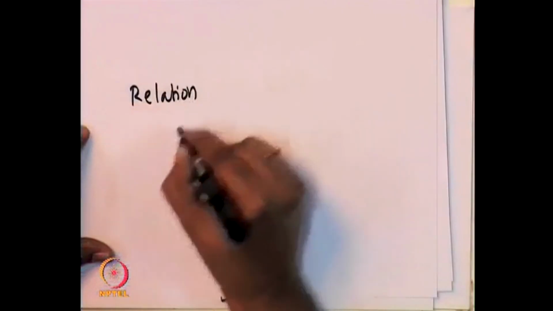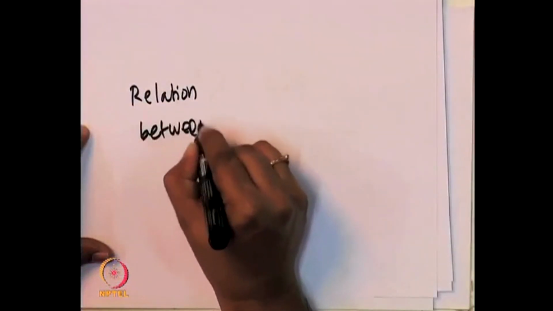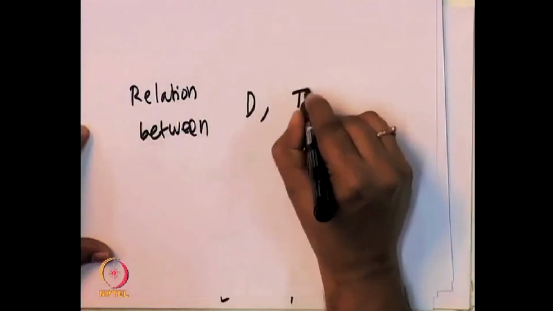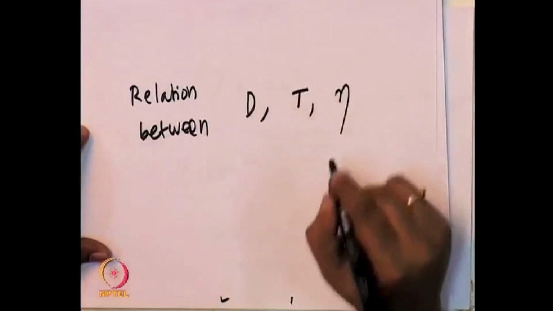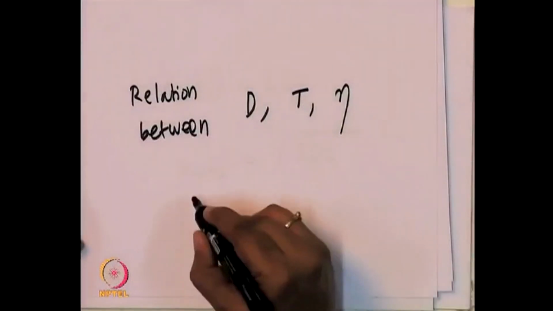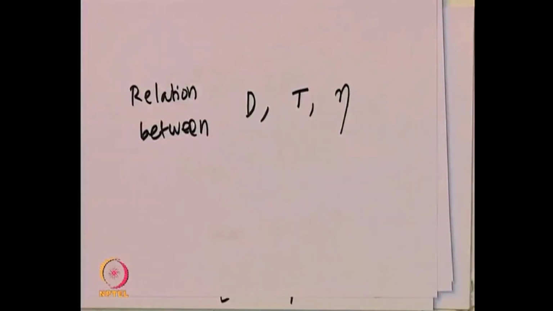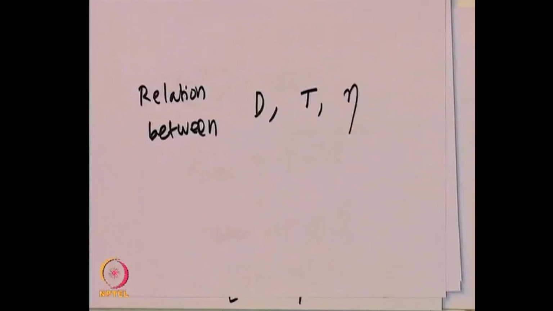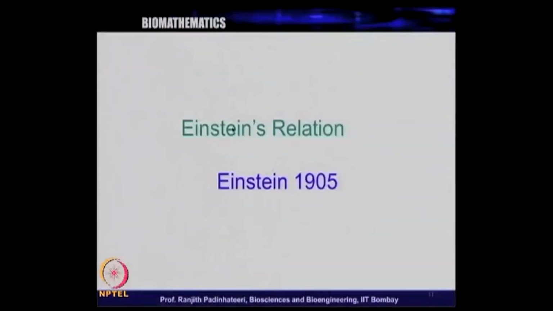The relation between D, temperature and viscosity, let me call this eta as the viscosity, is called Einstein's relation. That's what we are going to discuss now. This was discovered by Albert Einstein in 1905.